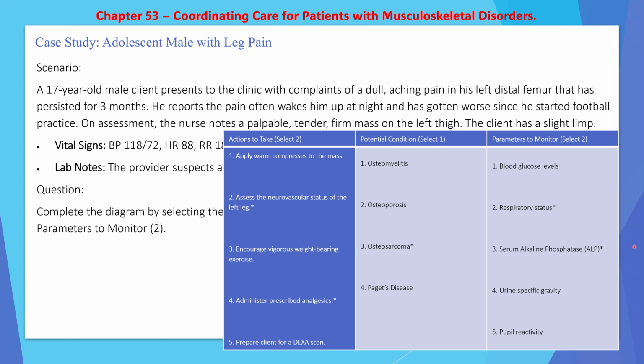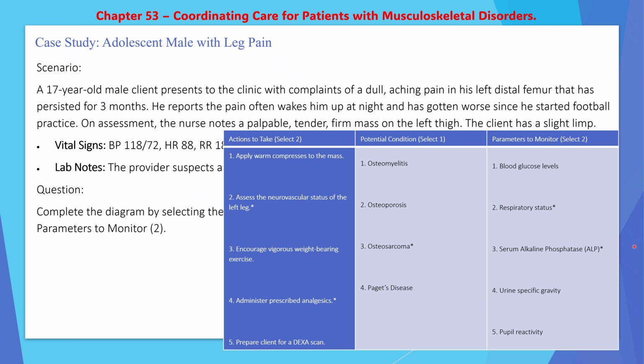While osteomyelitis also causes pain, the firm mass and night pain without significantly high fever or open wound points more strongly towards malignancy like osteosarcoma.